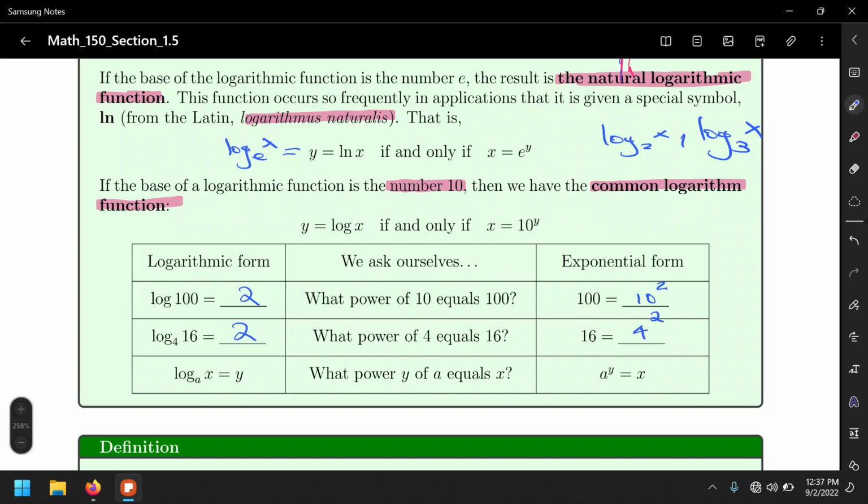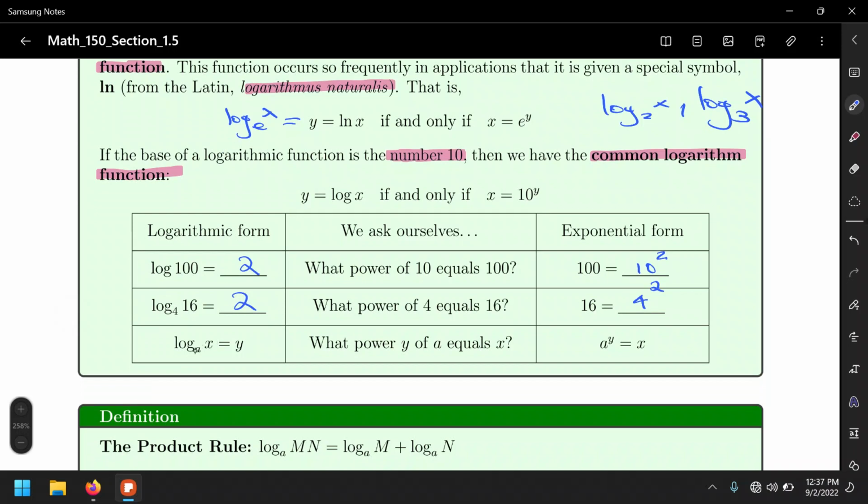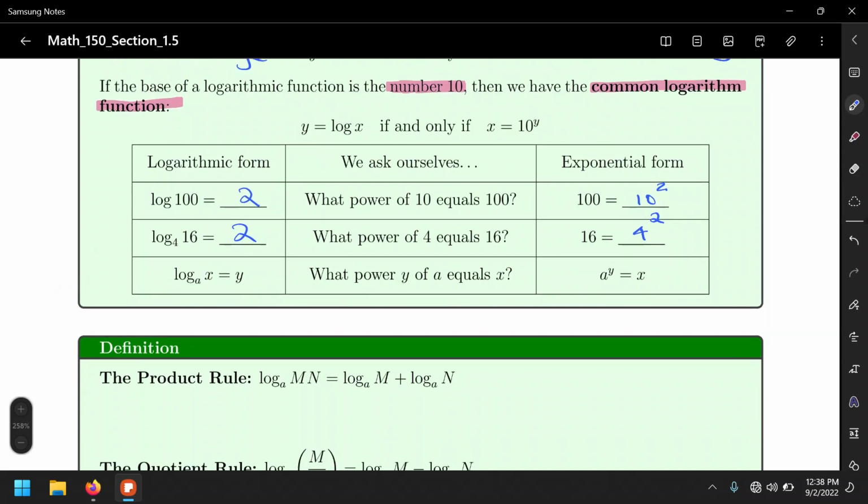In general, when we have log base a of x equals y, we ask ourselves, what power of a equals x? That's how we go back and forth between the two notations. We could go on forever, but hopefully these numerical examples make sense.